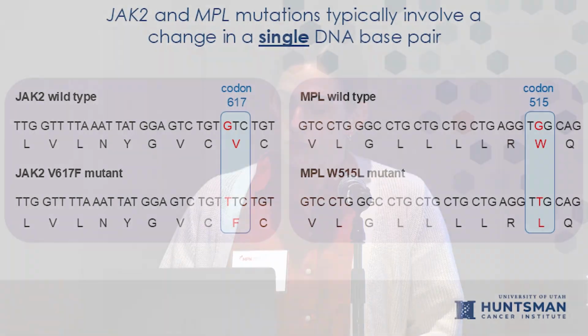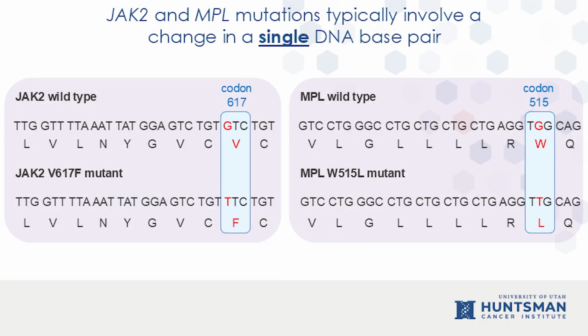And so it's really kind of remarkable, actually, that this all happens because of one base pair change in the DNA. So here you see JAK2 wild type on the top. These triplets are DNA codons, and at the bottom is the amino acid that the triplet encodes.